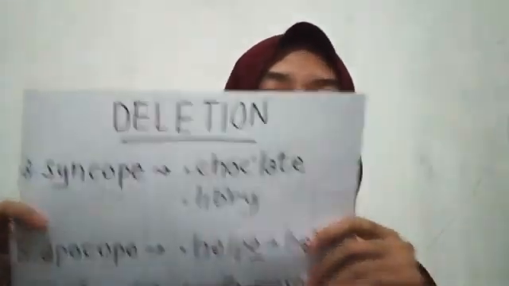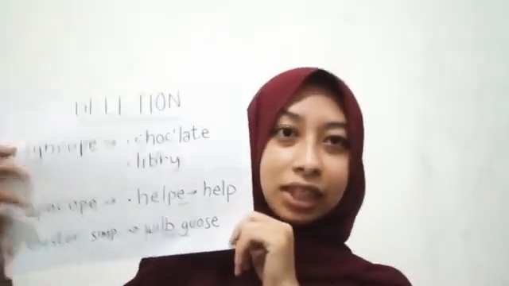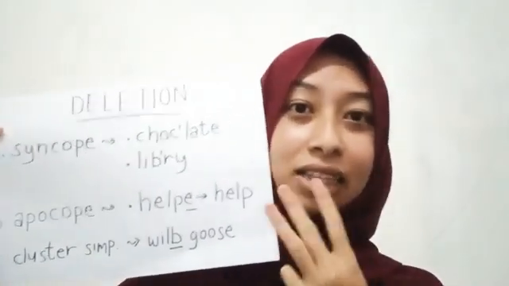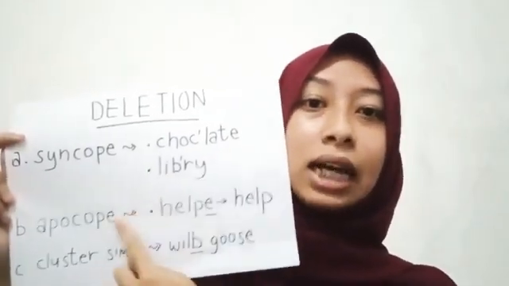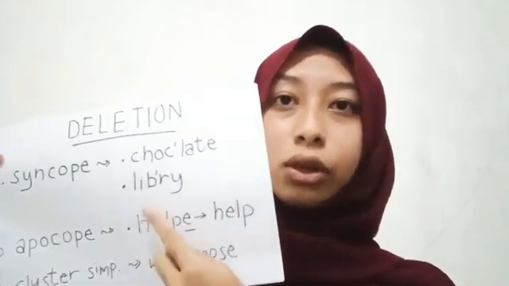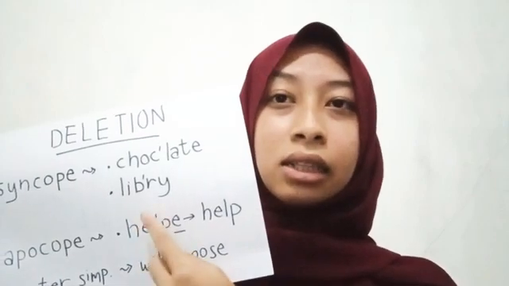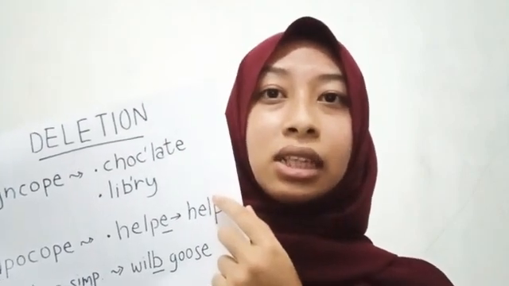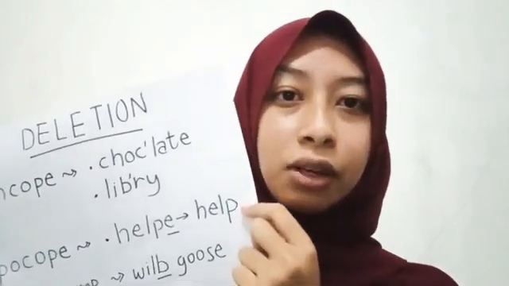For clearer understanding, I have examples here. This is the example of deletion. We have three types, as I said: syncope, apocope, and cluster simplification. In syncope, the deletion happens in the vowel, usually near a stressed vowel.